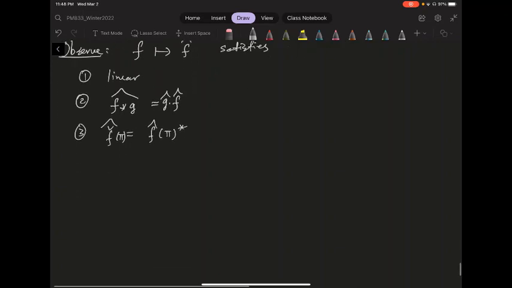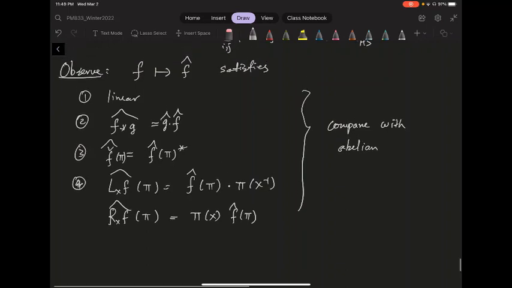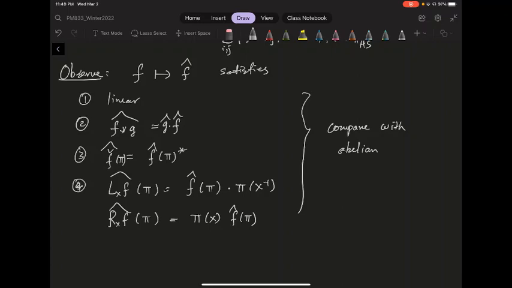Finally, if you do some left and right translation, the Lx hat of pi is what you get by doing the Fourier transform and then right translating by pi of x inverse. And if you do the right translation, evaluating at pi is just left translation of your f hat of pi. You should compare all of these with the Abelian case, and you really see that these Fourier transforms look like each other.